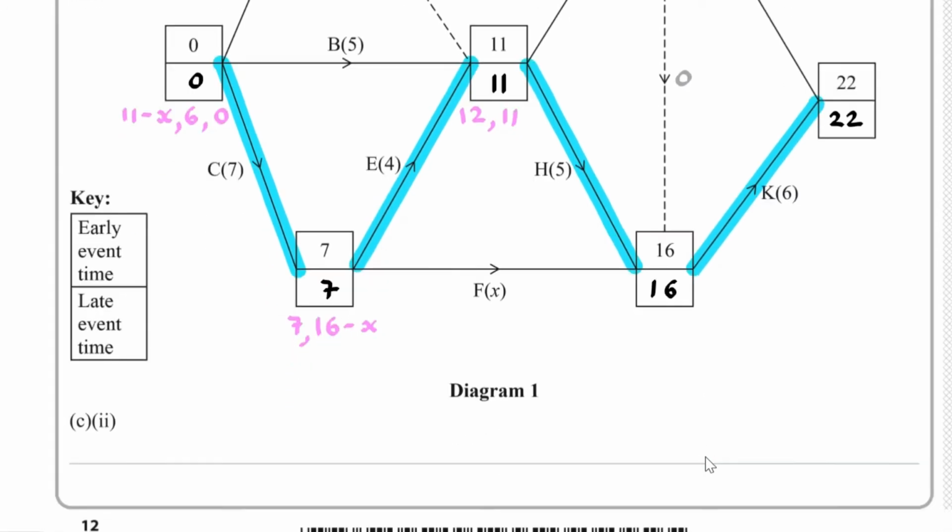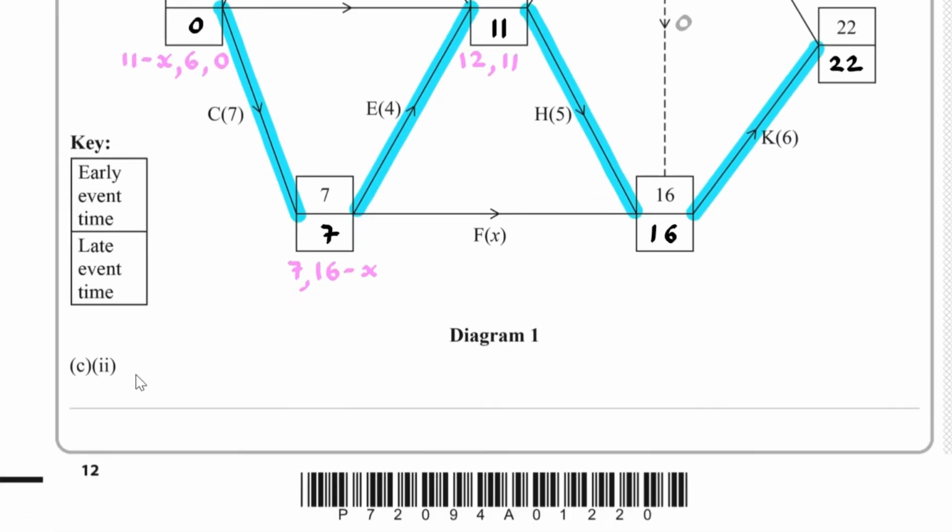And so therefore, the critical activities will be C, E, H, and K. These activities are critical.